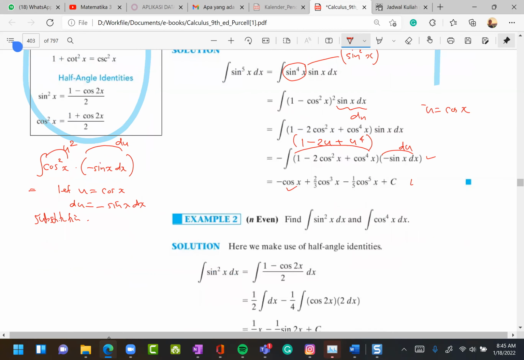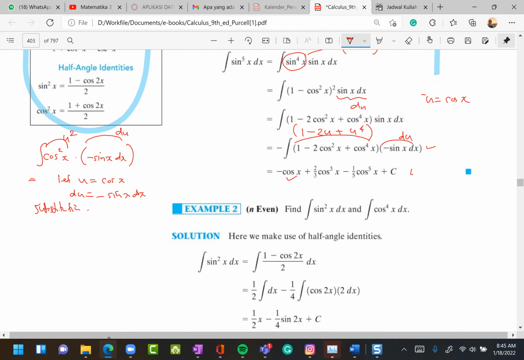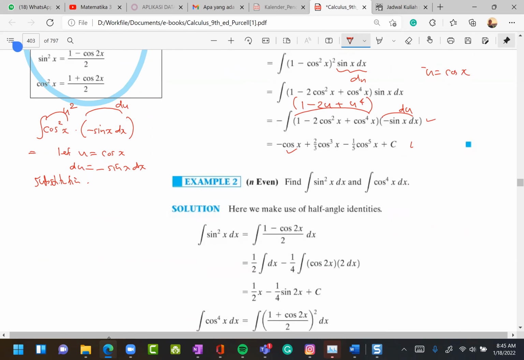All right, so let's do when it is an even power. So sine x squared, cosine to the 4th. With sine x squared, you want to get rid of the square right here. Use the half angle and make the angle double.